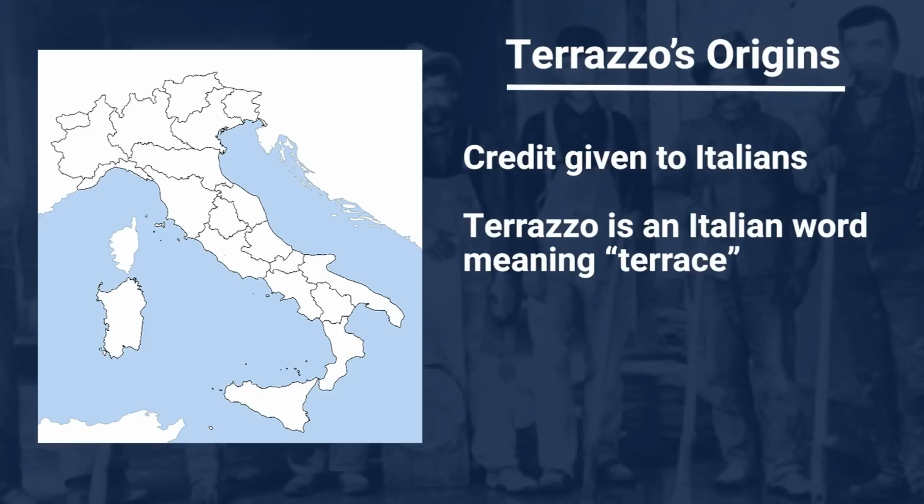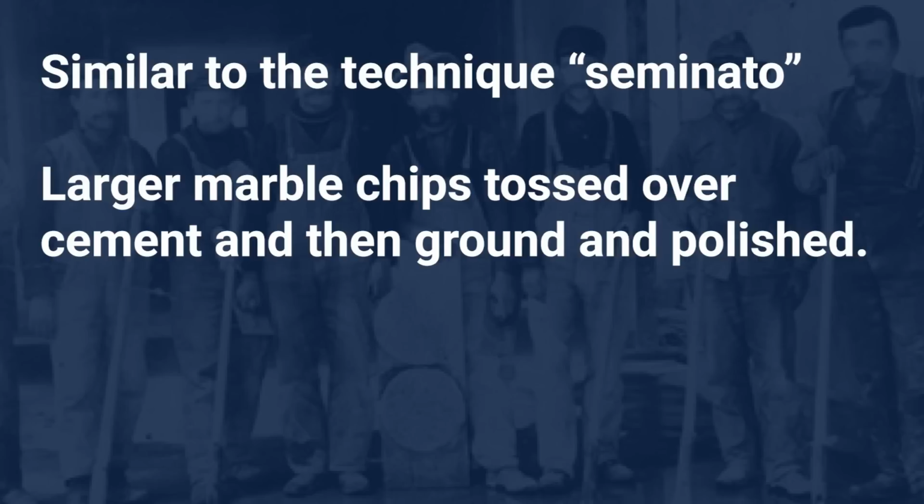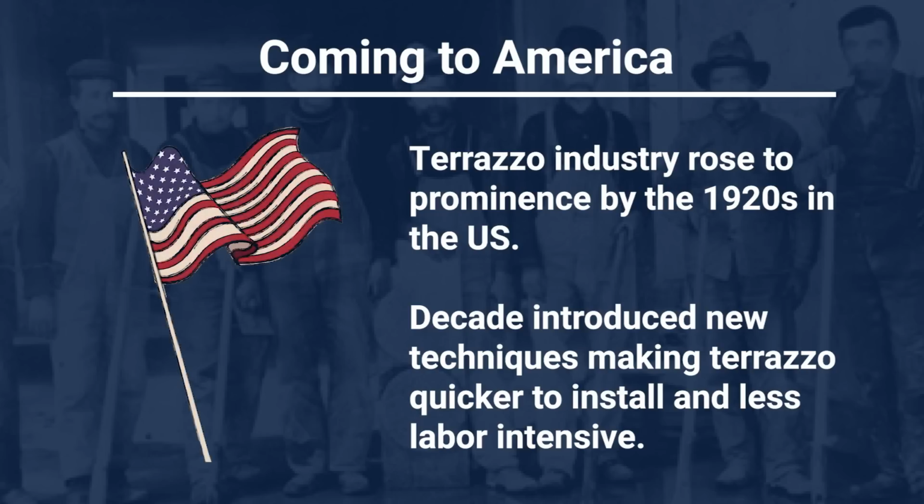In the 15th century, Venetians used scrap marble fragments from high-end projects and placed them in clay mortar base for their own terraces. Archaeologists have even found evidence of terrazzo in ancient ruins in Turkey, dated back well over 10,000 years ago. Terrazzo is similar to the technique seminato, where workers would toss large marble chips into wet cement to be ground and polished. Terrazzo began making its way to America around the 20th century.